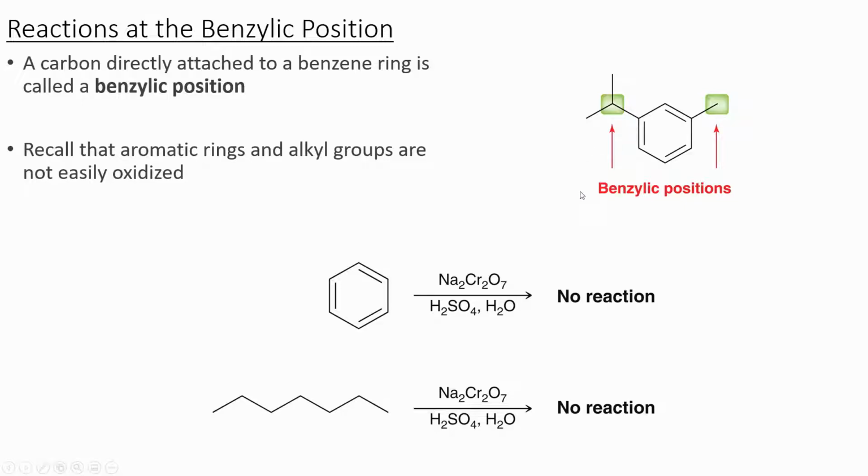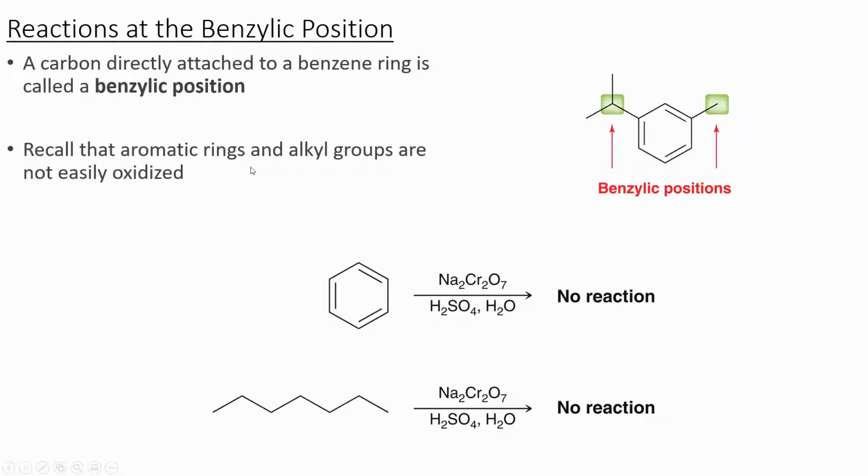The benzylic position has very unique reactivity because it's attached directly to the benzene ring. The benzene ring is going to pull electron density away from the benzylic position, but also has the ability through its pi bonds to stabilize a carbocation there with resonance.